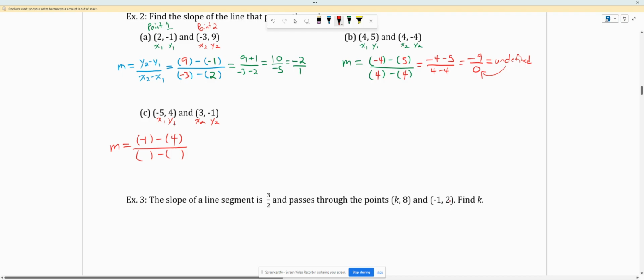So -1 minus 4. So I always kind of look at it like this. And then we go like so with 3, subtract -5. Simplify that. I have -1 minus 4 divided by 3 plus 5 because of the double negative. And so that's going to leave me at -5 over 8. That is fully reduced, and that is our slope.